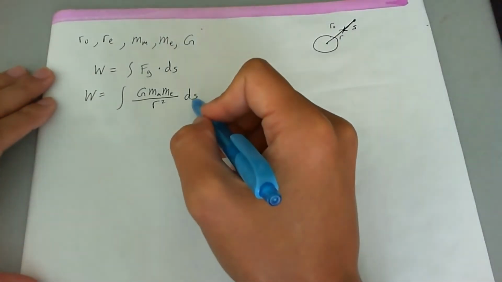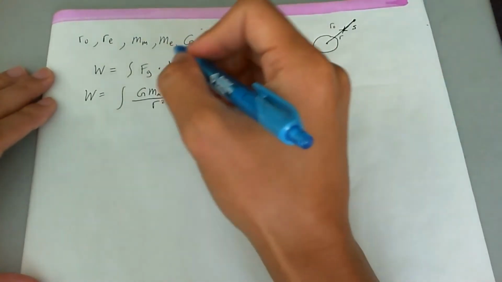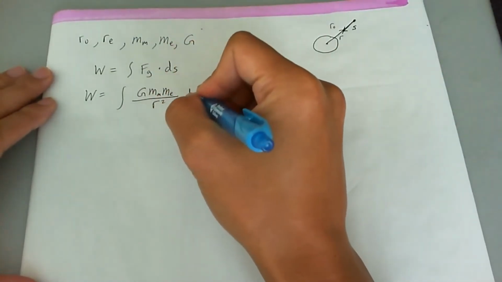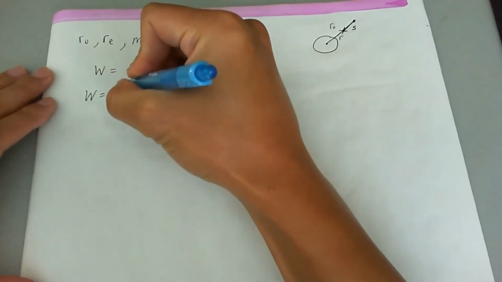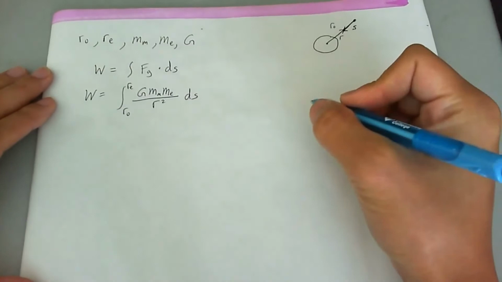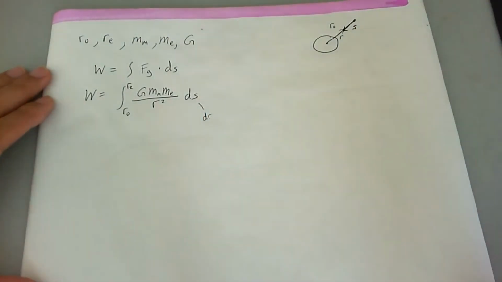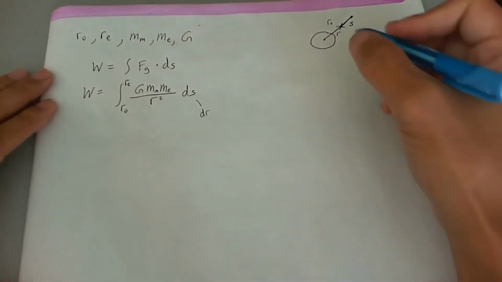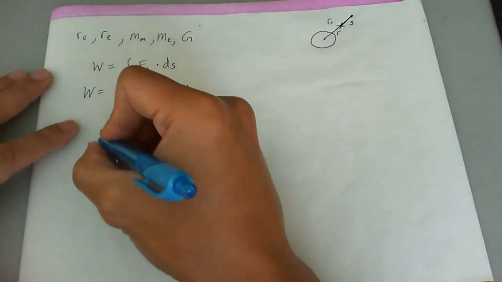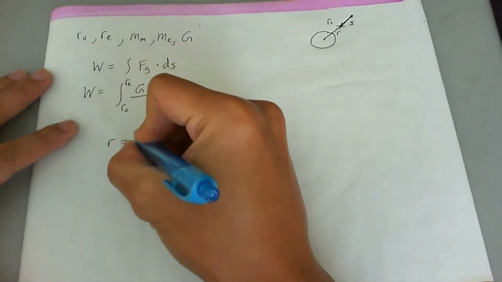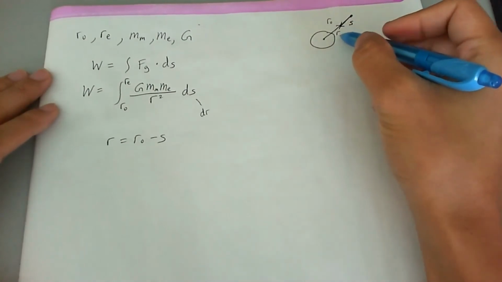And in terms of dr, for example, the meteor will go from R naught to RE. So now the only objective is to try to get this in terms of dr. And in order to do that, we're going to implement what we show here in this picture. So we're going to say that R is equal to R naught minus S. And that happens to be true.